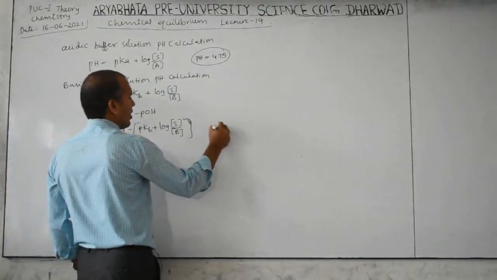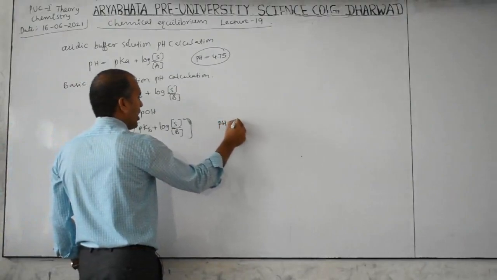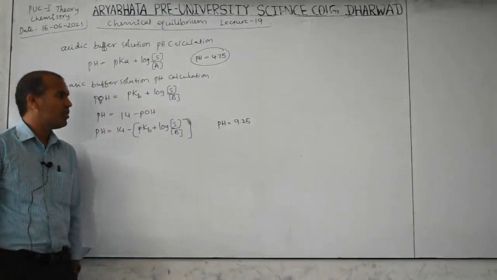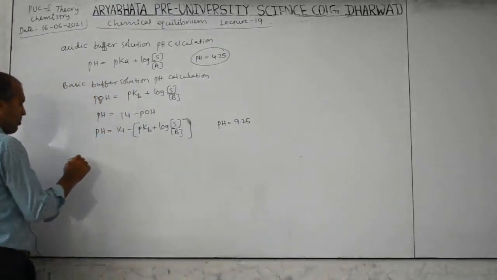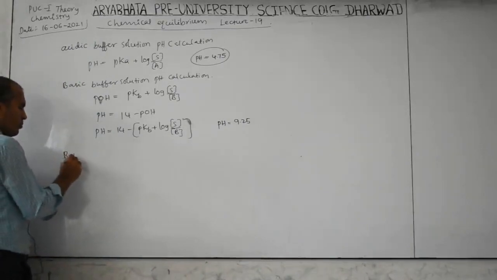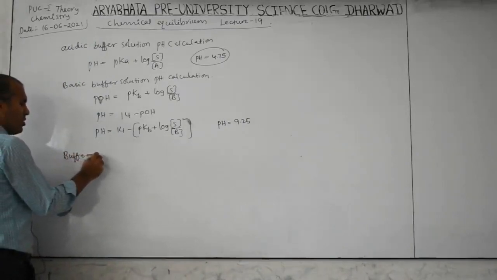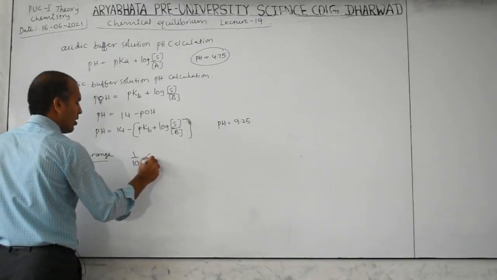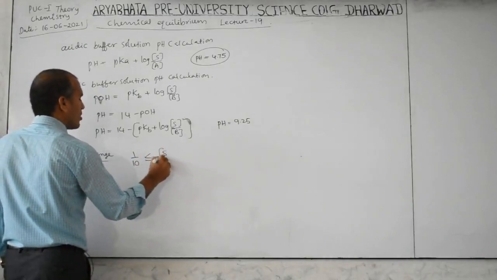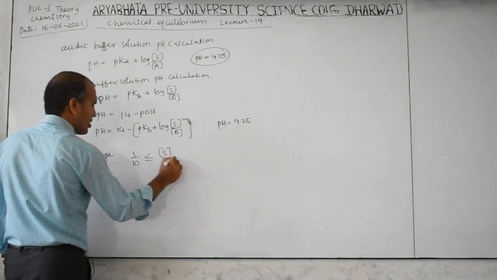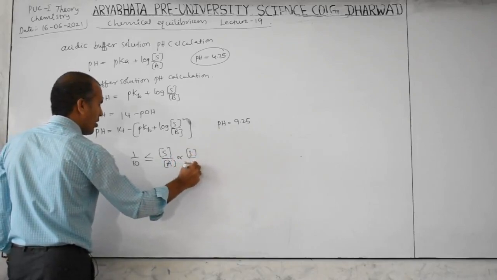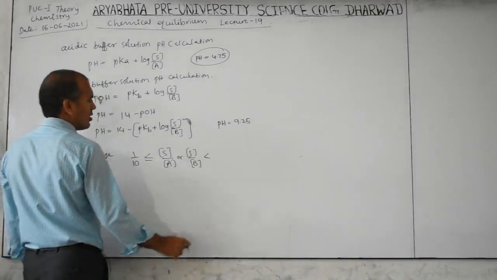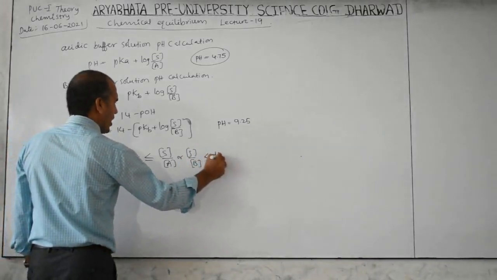This works properly at pH equal to 9.25. Okay, so the buffer range is: 1/10 less than or equal to salt concentration by acid concentration, or salt concentration by base concentration, less than or equal to 10.